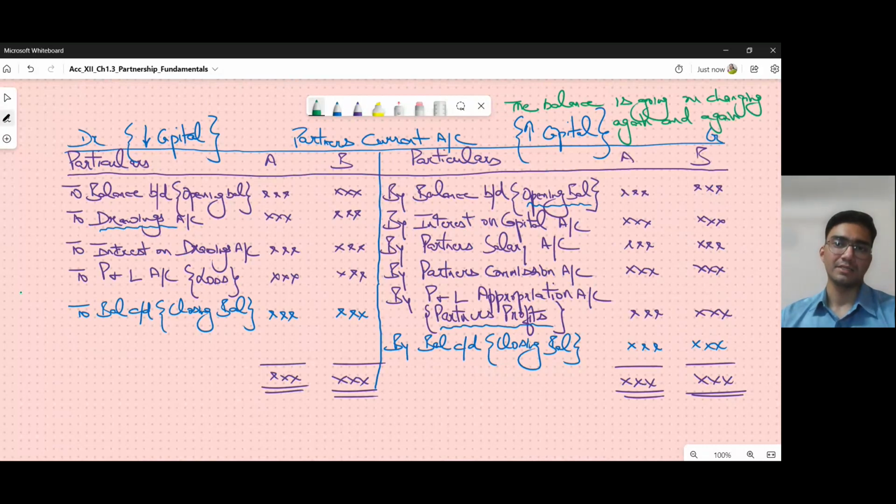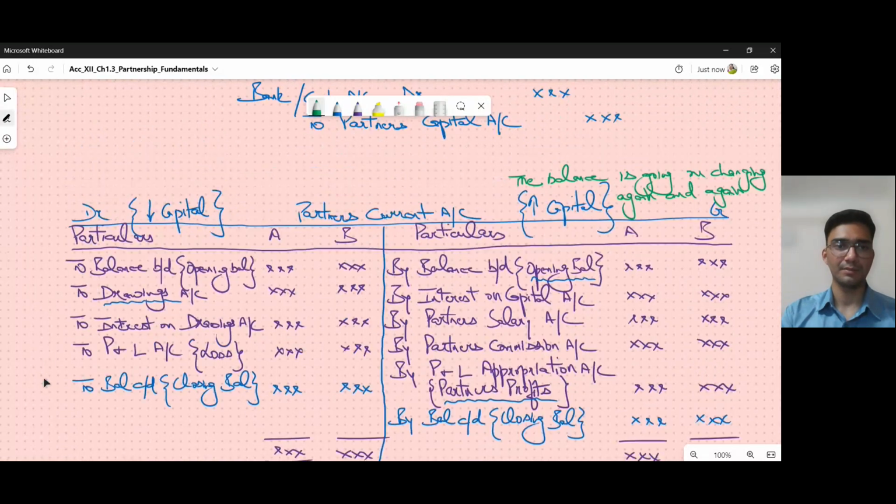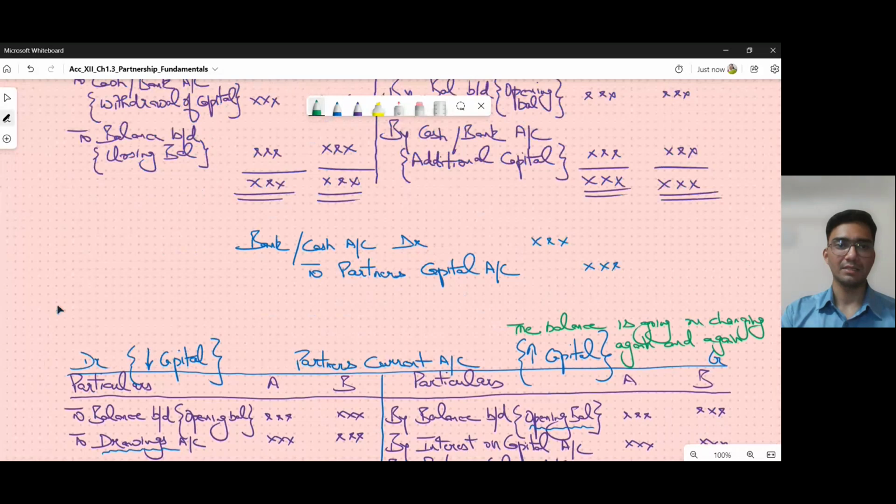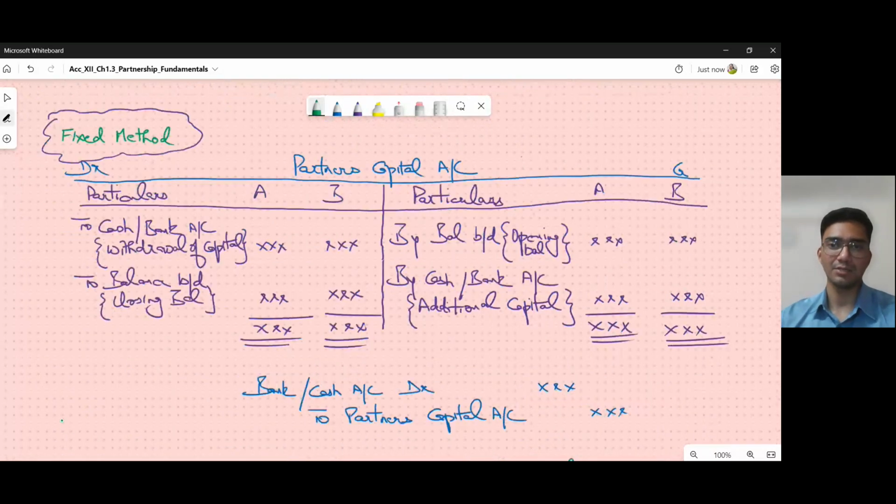All right. Whereas the one that we made first, I'll drag it back on top. This account's balance is fixed. This balance is not changing.